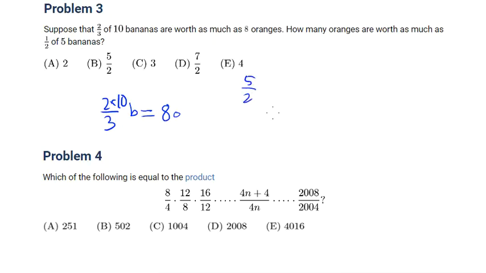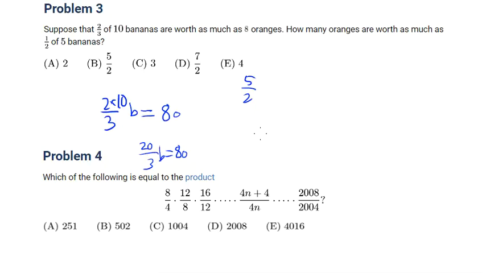Then this is 2/3 of 10B equals 8O. I should have used O. Okay, let's pretend this isn't a 0. Okay, this isn't an 80. This is 8O. And you're supposed to know that? Yeah.